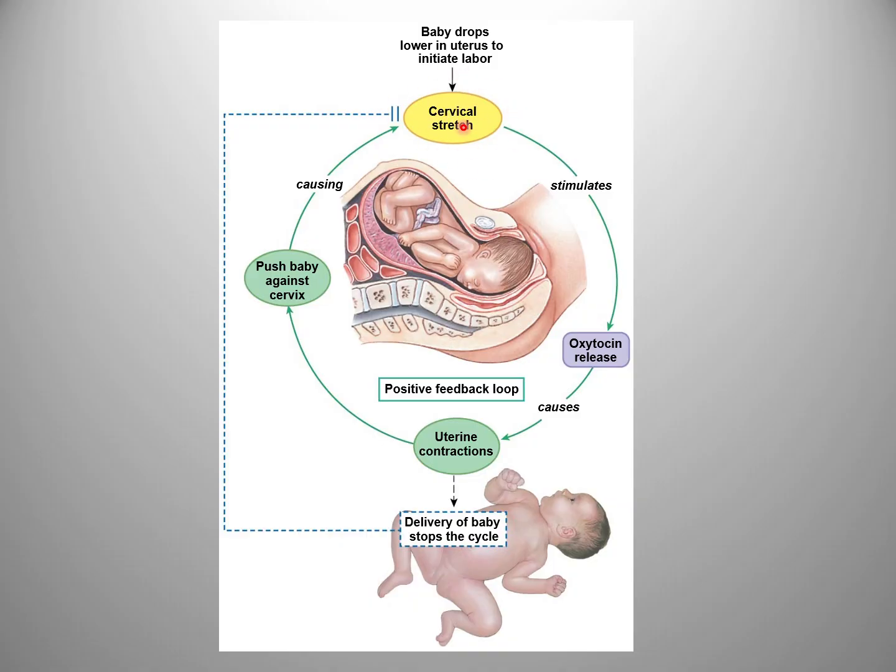That stretch then triggers a neuronal response that goes to the pituitary gland, actually the brain first, the hypothalamus, which then causes oxytocin to be released from the posterior pituitary.